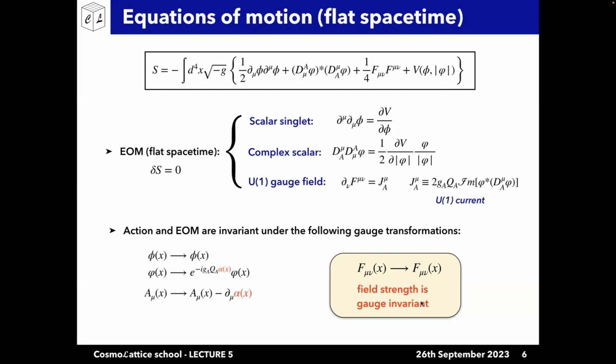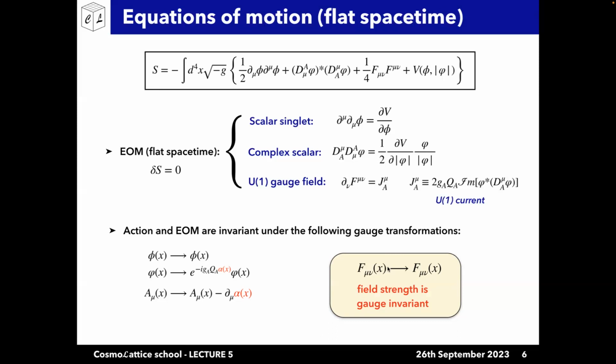Then both the action and the equations of motion are invariant under this transformation. This is seen typically in a first-year quantum field theory course, and we can see that in the continuum, gauge invariance is preserved.